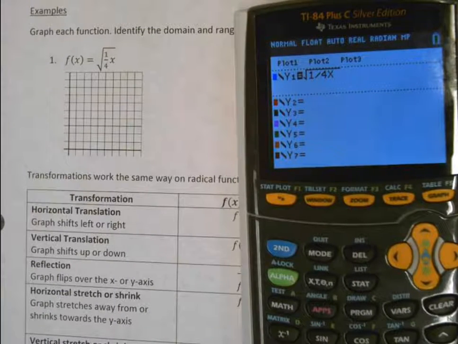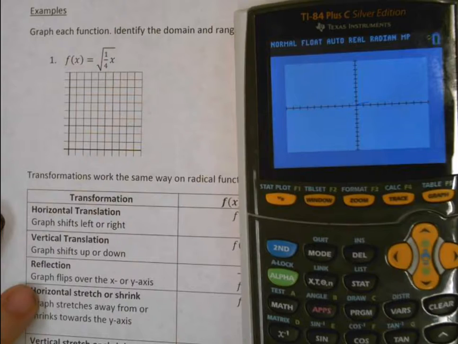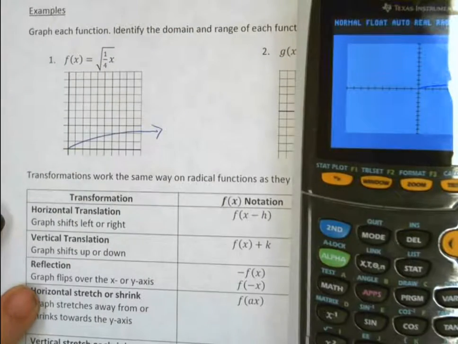Remember, divisions are fractions. So once I type it in the calculator, I want to graph it. So it looks kind of like this, right?